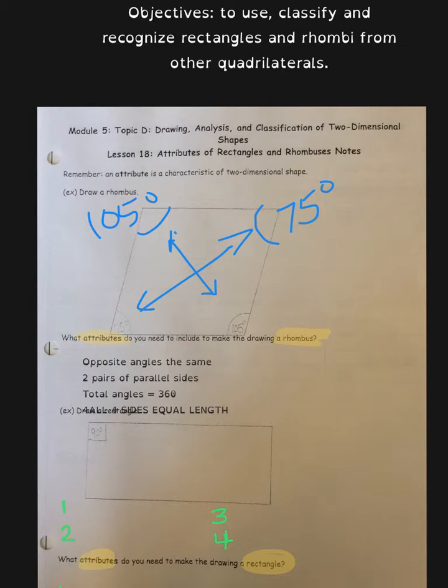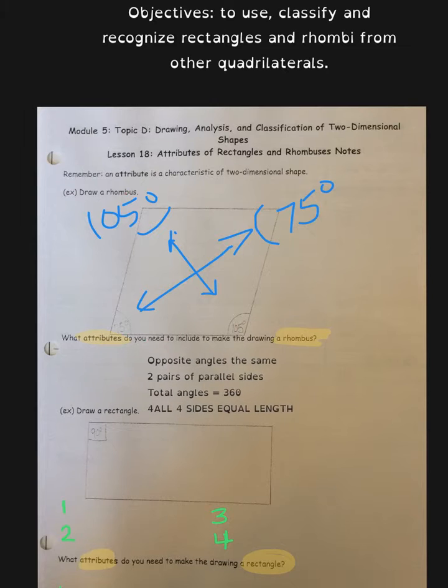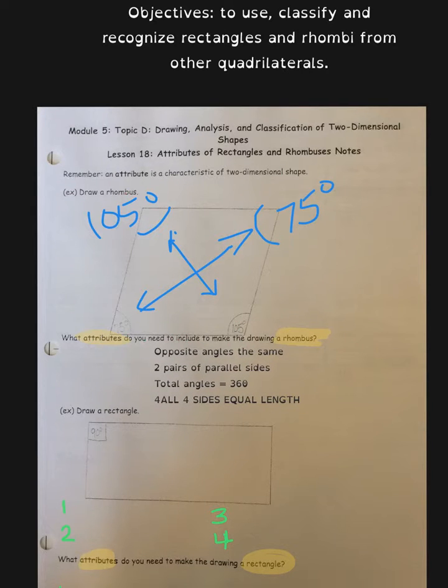Okay, so those are the four, whoops, I wrote 4 twice, sorry guys. All 4 sides are an equal length. So that's the really, really important one. That one makes it a rhombus. The first 3 make it a parallelogram. Okay, it's still needed, but to have all 4 of these characteristics, these attributes, they all make it a rhombus. Okay?